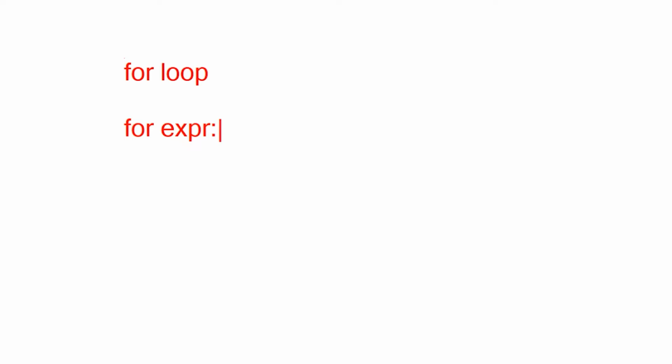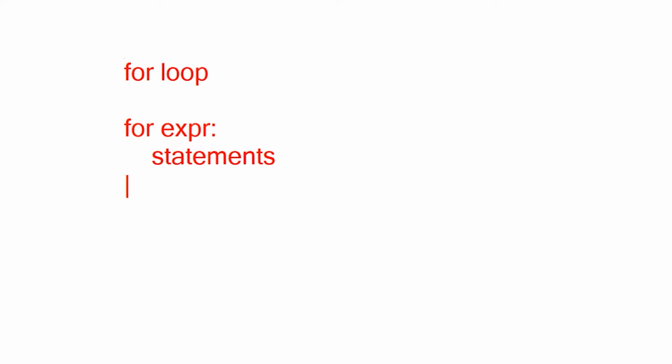So it's very similar to an if statement in Python. And just like with an if statement, we indent by 4 spaces to create the code block. The statements that go inside the body of the for loop will be executed repetitively.